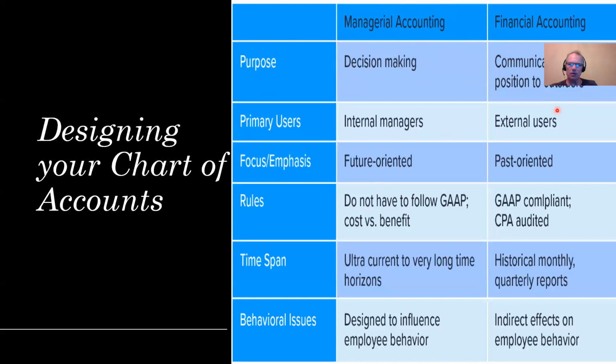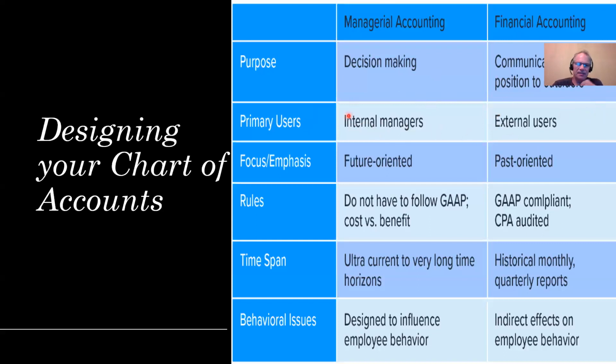Again, both are important goals, but the thought is that managerial accounting is somewhat ignored, and you want to take this more into consideration. The primary users for managerial accounting are internal managers, and for financial accounting, external users, people who want to buy or sell the stock, or the board of directors, those types.